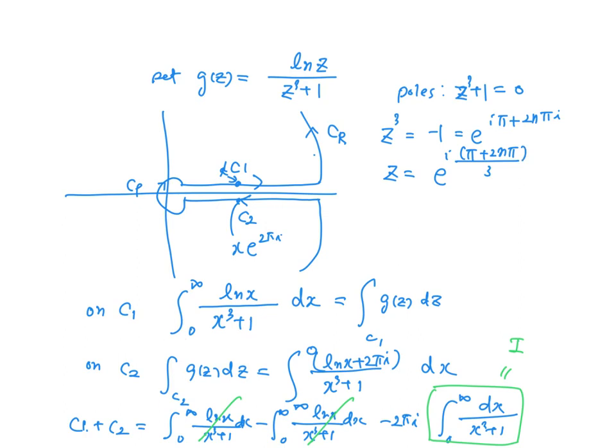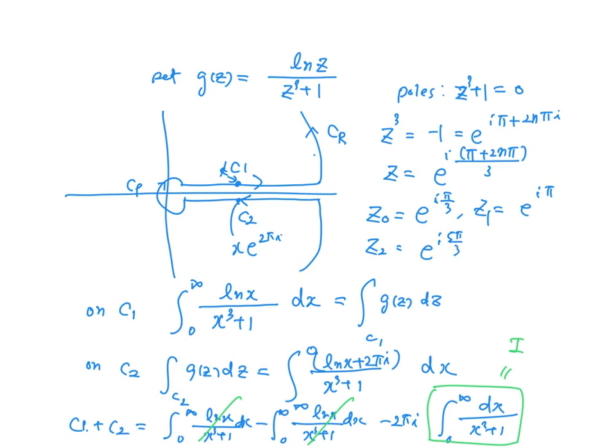So we have 3 poles. z0 is when n is equal to 0, so exponential I pi over 3; z1 is exponential I 3 pi over 3, that is I pi; z2 is exponential I 5 pi over 3, right?